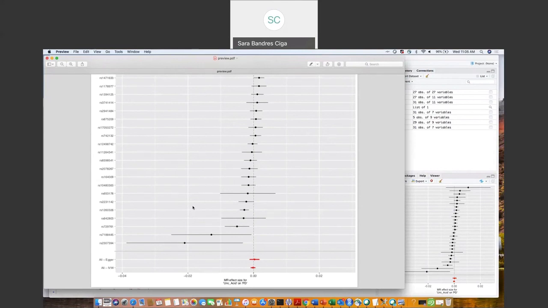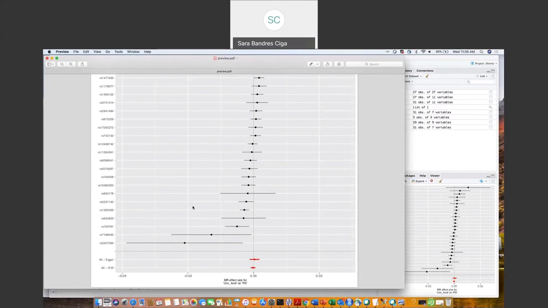Sometimes you'll see as well, and I will run a couple of lines for you to see that, the heterogeneity in that instrument. You are going to see some SNPs that suggest risk and others that suggest protection. But maybe overall in your instrument you observe a risk or protective effect, and this is not true.